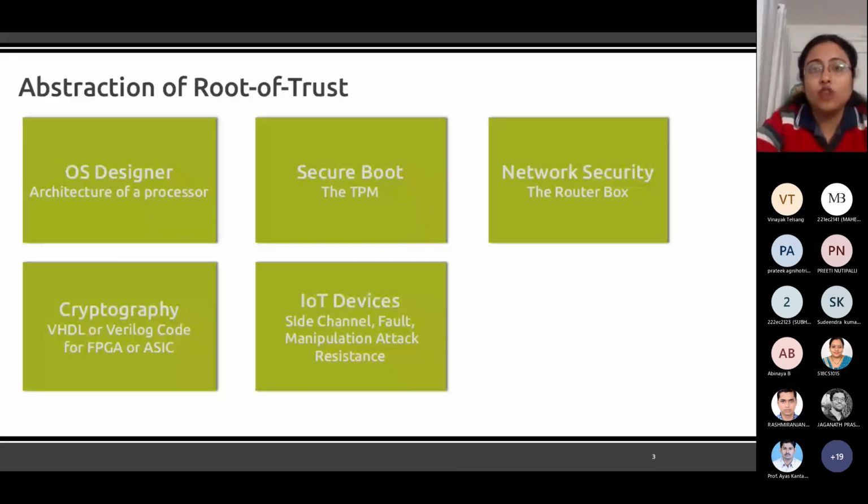But they do not see that the source of generating the data, that is the sensor, somebody may be modifying it, or while the data is coming from that particular IoT device through some lightweight communication protocol like Zigbee or Bluetooth or whatever, and coming to the server, somebody is manipulating it in between. Okay, so when we design IoT devices, the trust is that the IoT devices will be resilient against side channels, any kind of device fault or manipulation attack.